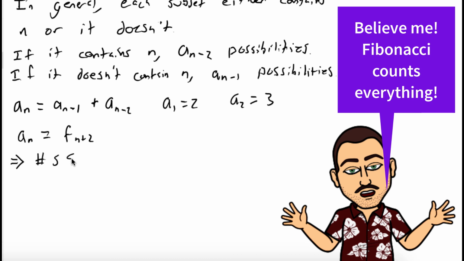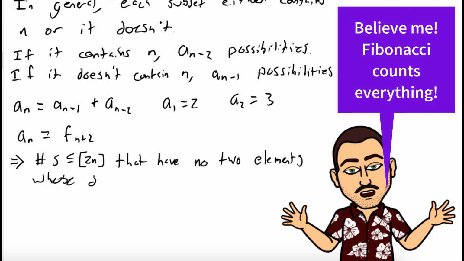And so therefore, we can conclude that the number of subsets of 2n that have no 2 elements whose difference is 2, this is what we're trying to count, is the n plus second Fibonacci number squared.